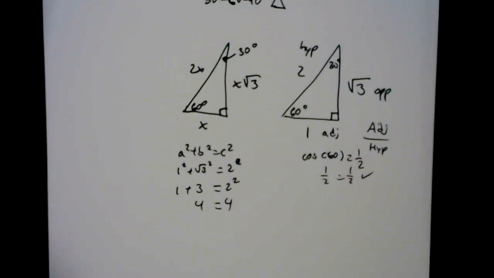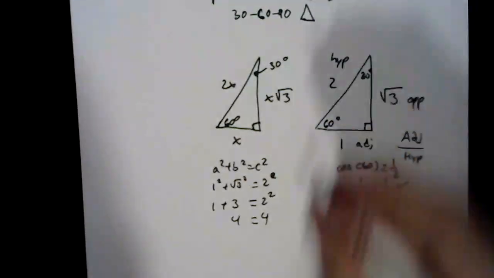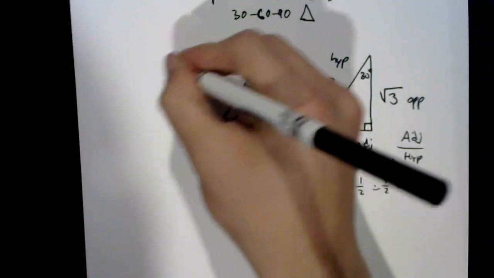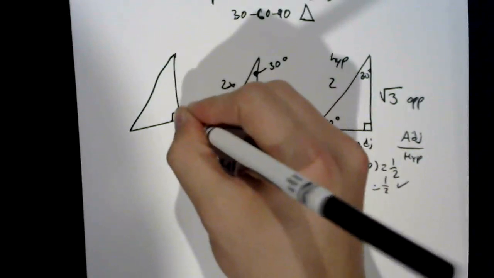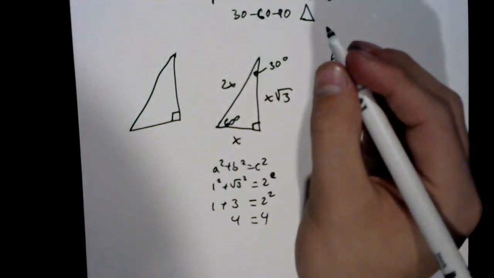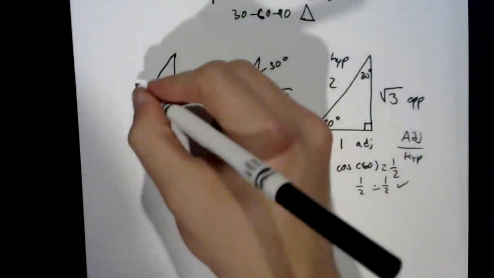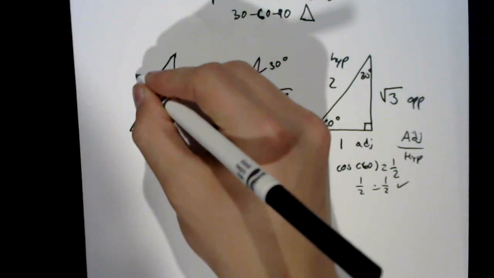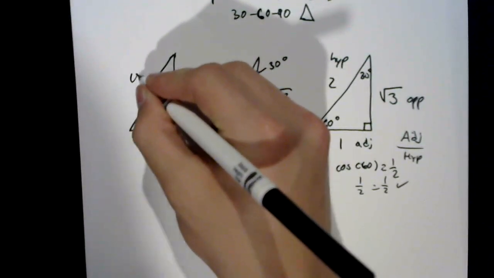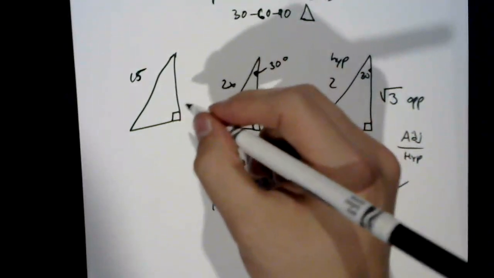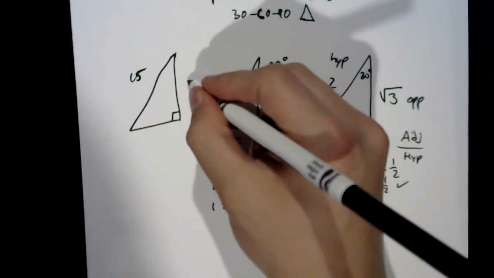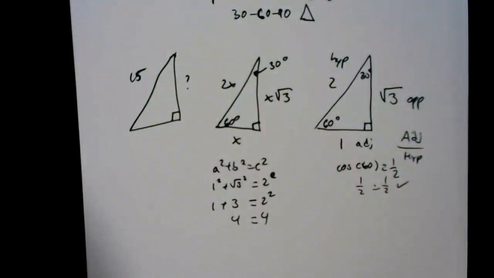So on the ACT, they may give you a right triangle, and let's say your hypotenuse is 15. Random number, I guess. And they're going to ask you for, let's say, this side.